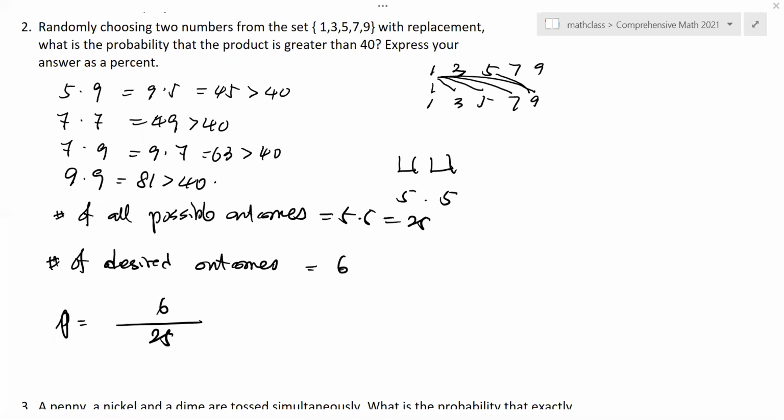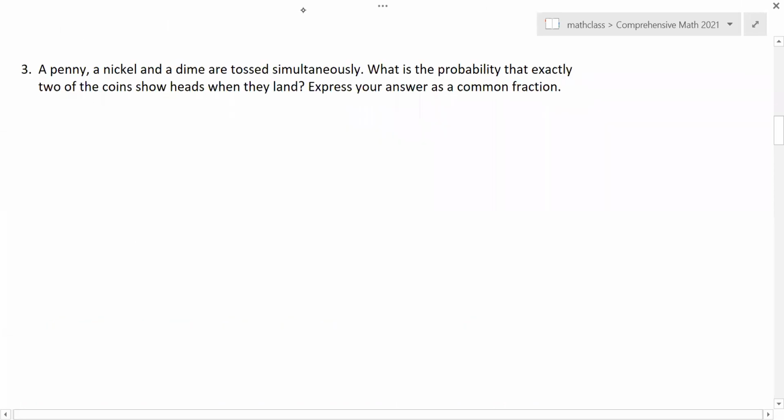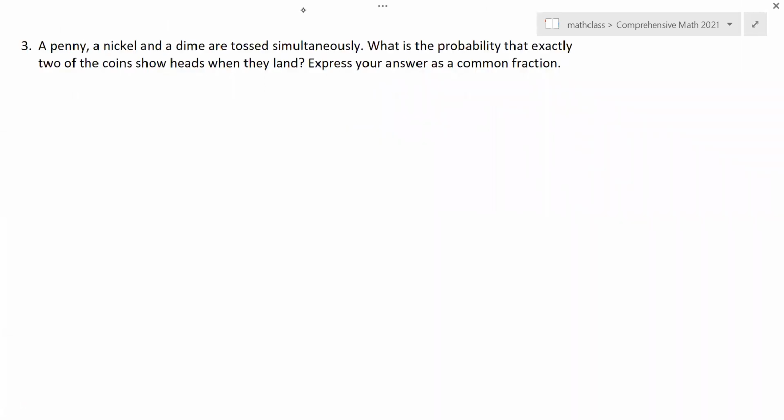Okay, so let's take a look at the next problem. You have a penny, nickel, and dime tossed simultaneously. What is the probability that exactly 2 of the coins show heads when they land?